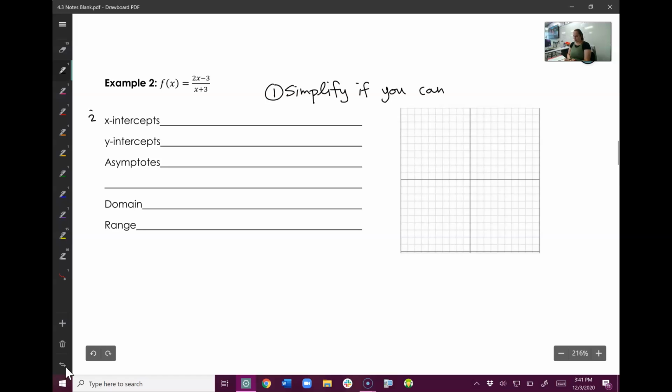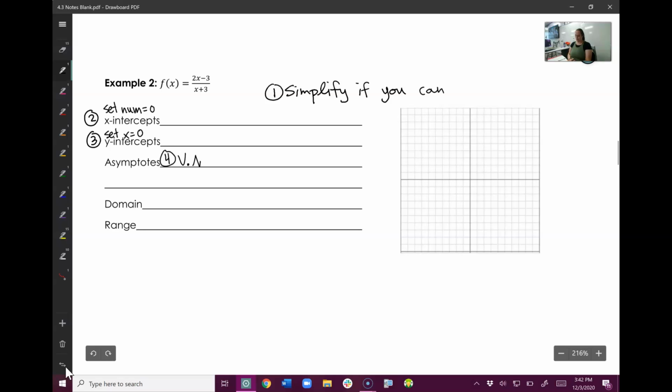Now, here's what I want to do with the next 3 steps. So I want to go through, first off, and remind you, x-intercepts, we set the numerator equal to 0 and solve. Y-intercepts, set x equal to 0 and simplify.